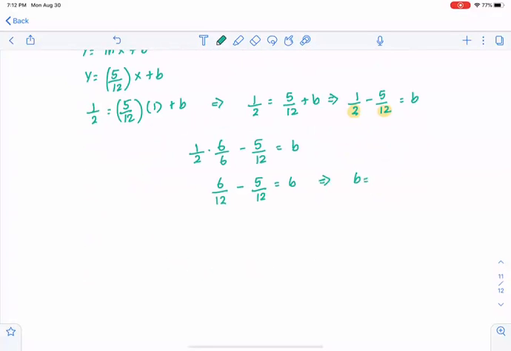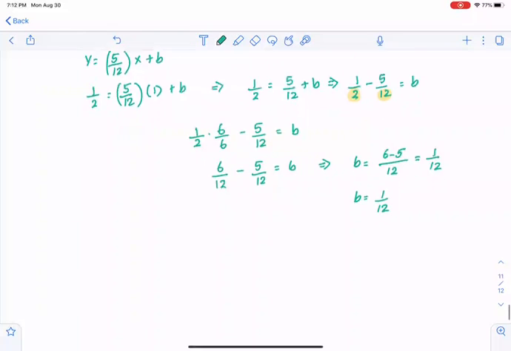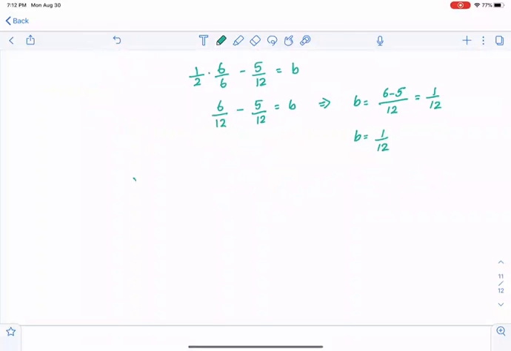Therefore, b, the common denominator is 12. Combine the numerators, 6 minus 5. So we will get 1 over 12. So b is 1 over 12. So the slope-intercept form is y equals 5 over 12 times x plus 1 over 12.